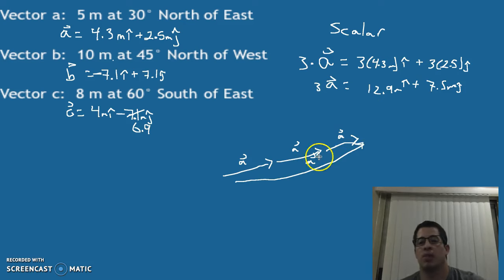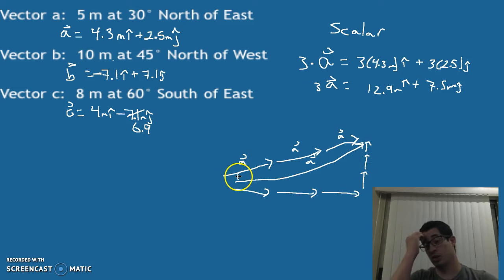The same thing is happening here, except instead we're drawing this horizontal component 3 times and this vertical component 3 times, so we end up in the same place. That's the way we can look at what we're doing when we multiply the components. And if we were to scale it by a negative number, we would flip it around and draw it the other way.